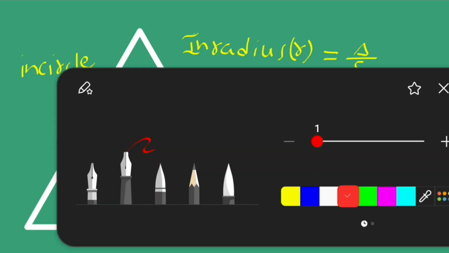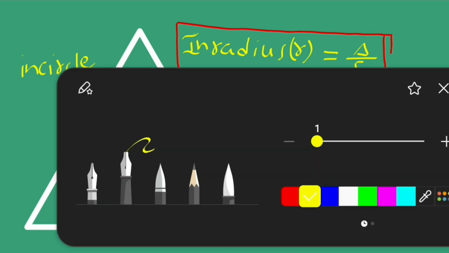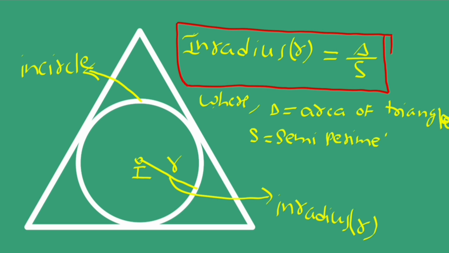This is the formula for inradius, where delta is equal to the area of the triangle, and s is equal to the semi perimeter of the triangle. This is the formula for inradius.